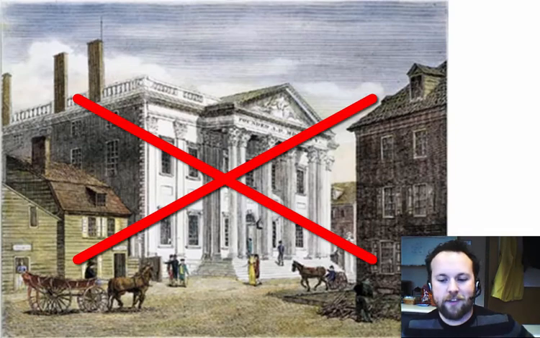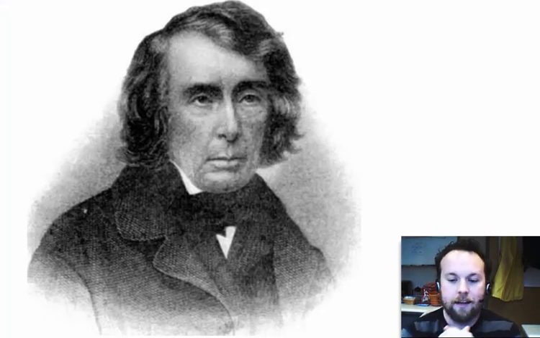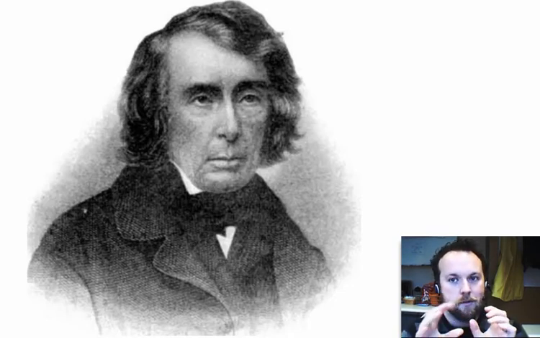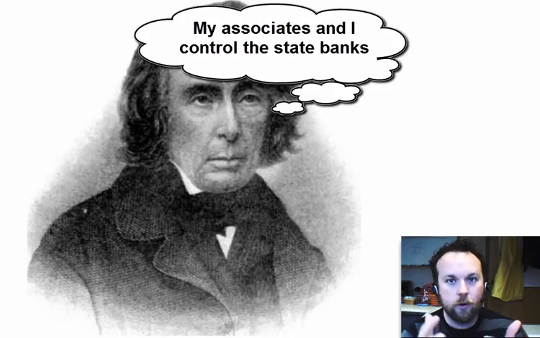He forced the Secretary of the Treasury, Roger Taney, to stop depositing federal money into the bank and instead deposit it into state banks. And the state banks were actually controlled by Taney and a few of his associates. So once again, the majority of the nation's money was under the control of a few men.